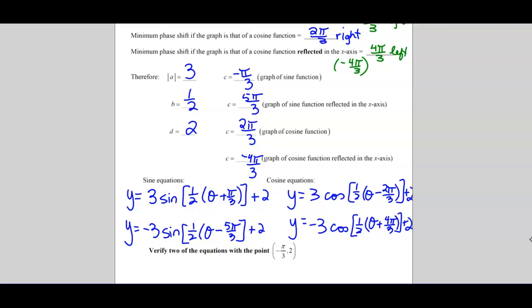Okay, take a look at question 8. So turn over. We're not going to ask you to write those 4 different ones on a test, right? The majority is, once you get your A value, your B value, your D value, the thing that changes is your C. Based on those, we're going to say minimum phase shift, do a positive cosine, or for another graph, minimum phase shift, do a negative sine graph. Something like that. So you'd only write down 1.